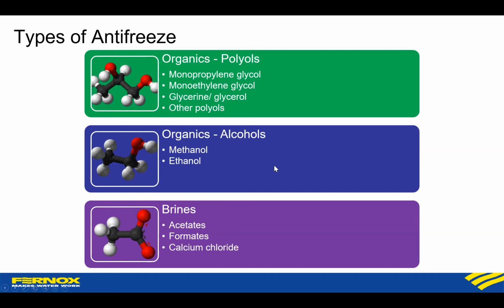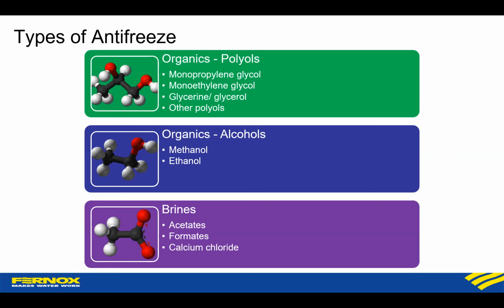So you then have alcohols, methanol, ethanol, and then what we loosely term as brines, which isn't just seawater. You've got acetates and formates, which are organic as well, and then you've got calcium chloride and things, which I think is used occasionally for things like ice rinks.